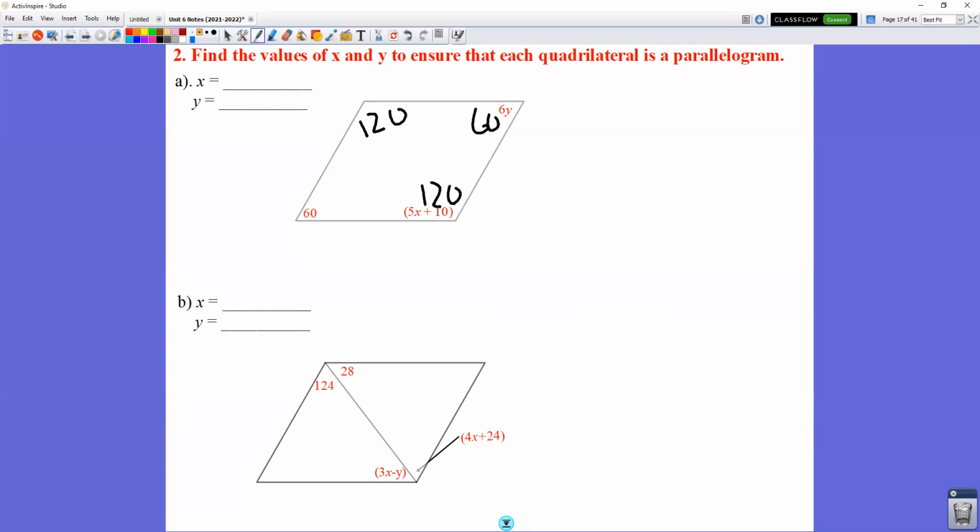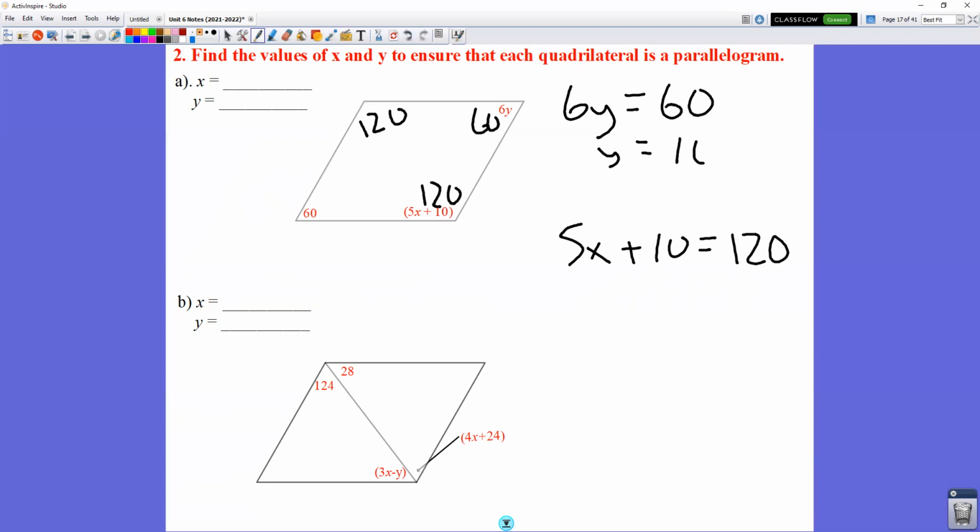And now that you have your expressions set up, you can set up your equations. Now you're ready to execute the problem. 6y is equal to 60. And then for the x, you could go 5x plus 10 is equal to 120. So if you solve this out, y will be 10.